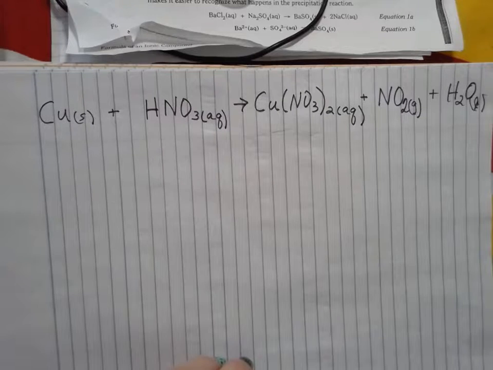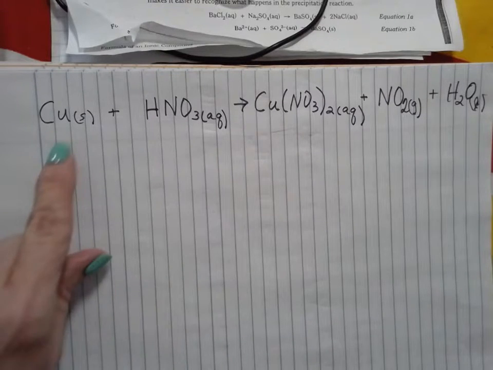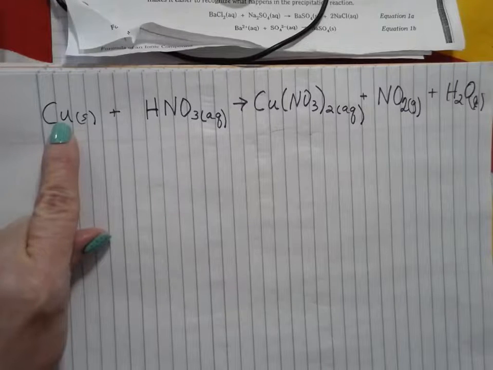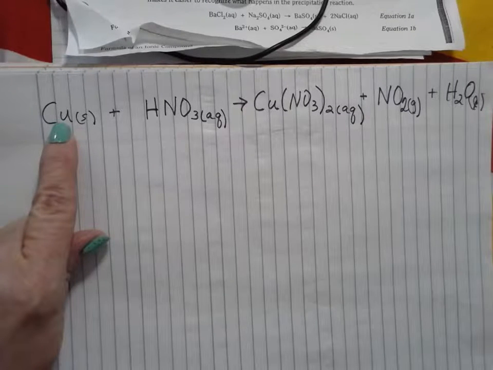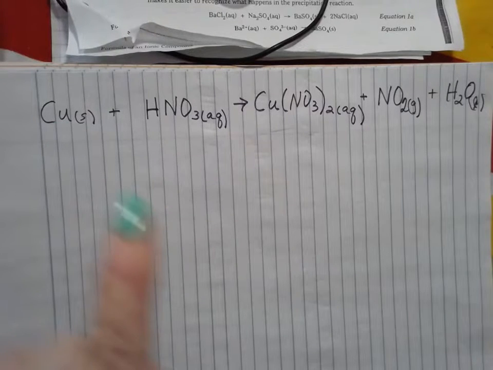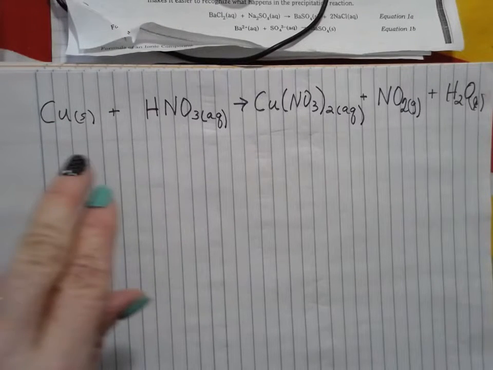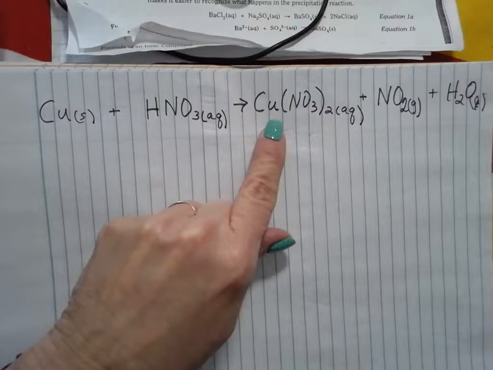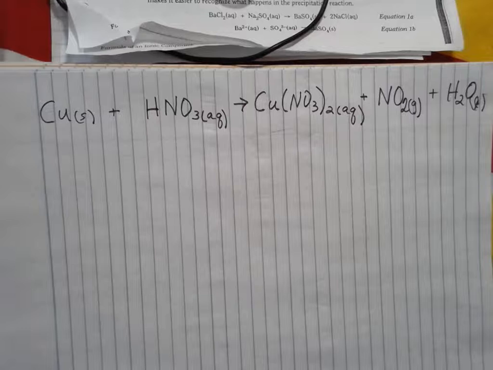So in this lab, you're starting out with solid copper, and you're going to make it go through, I think 3 or 4 different reactions. And every reaction is going to need to turn it into a copper that has a charge.